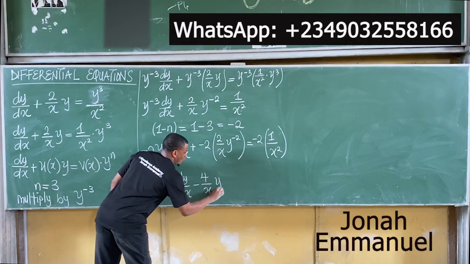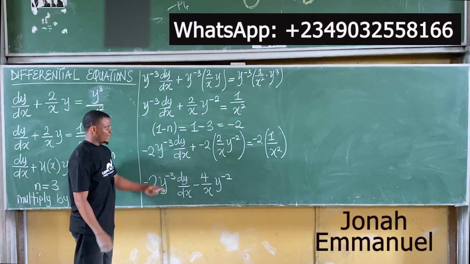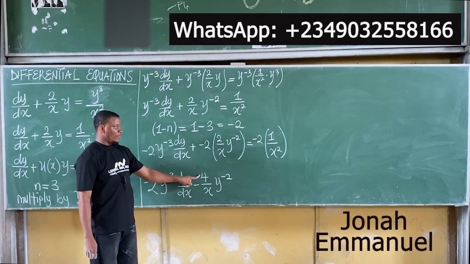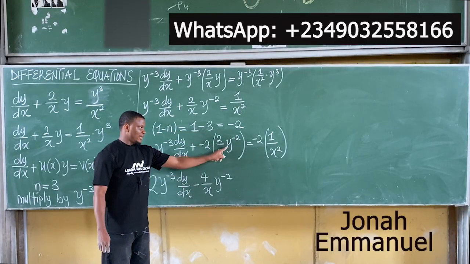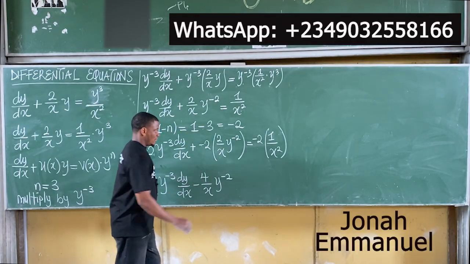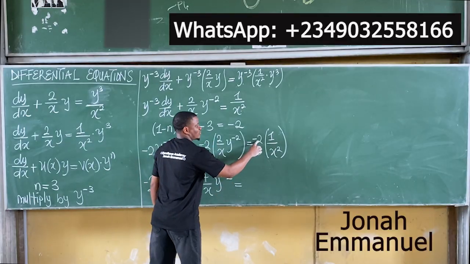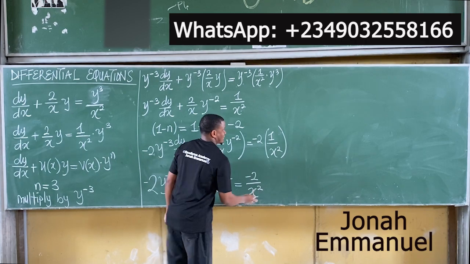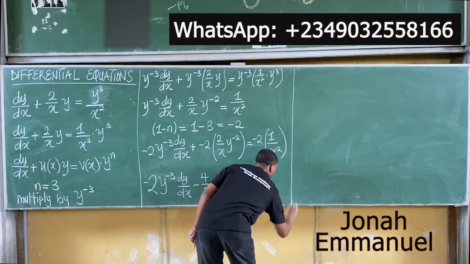Bring this one back, y to power minus 2. Please observe. Plus minus is minus. Minus 2 times 2 is minus 4 all over x. Then this is equal to minus 2 times 1 is minus 2 all over what there? X squared.